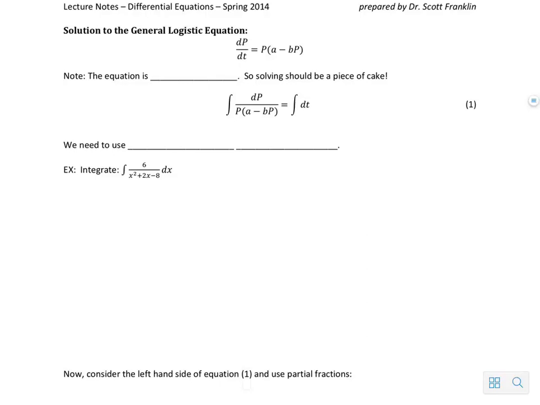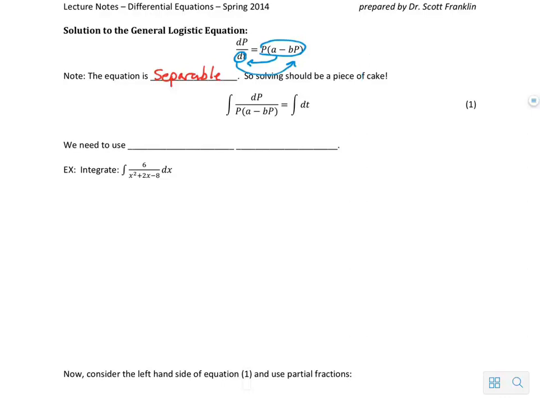So if we want to find the solution to the general logistic equation, we notice that it is separable. Even though it's not linear, it still is separable, because all autonomous differential equations are separable. To separate it, I'm going to take all of this and move it over to the left-hand side and take the dt and move it over to the right-hand side.